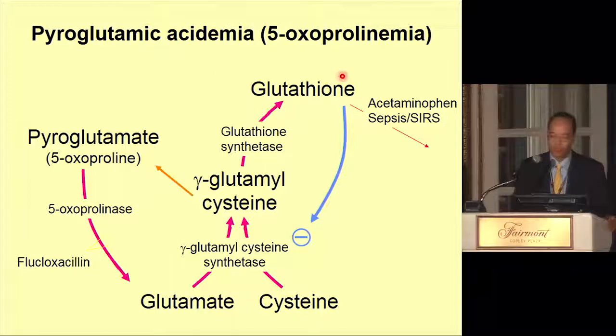When glutathione is consumed, which occurs when you treat patients with acetaminophen or in patients who are septic or have SIRS, this negative feedback is released and more glutamate and cysteine enters this pathway and accumulates as the intermediate gamma-glutamyl cysteine. The only way the body knows to get rid of this is to change it to pyroglutamic acid, or 5-oxoproline. So these can be detected in the blood and the urine in patients with this disorder.